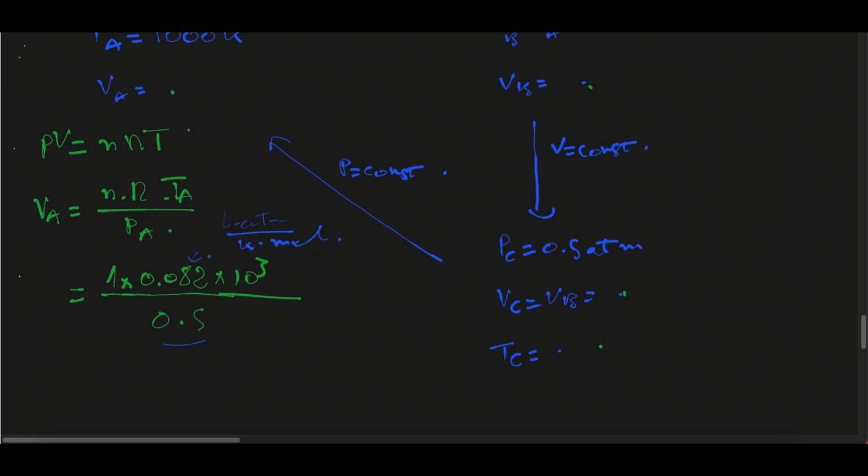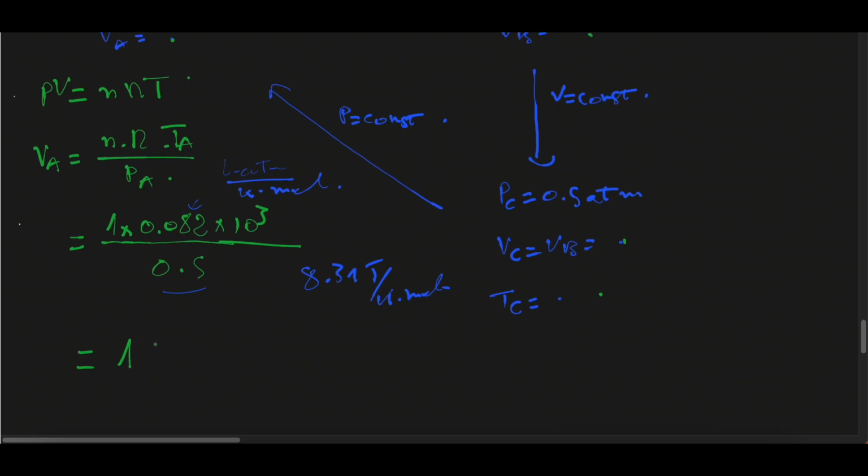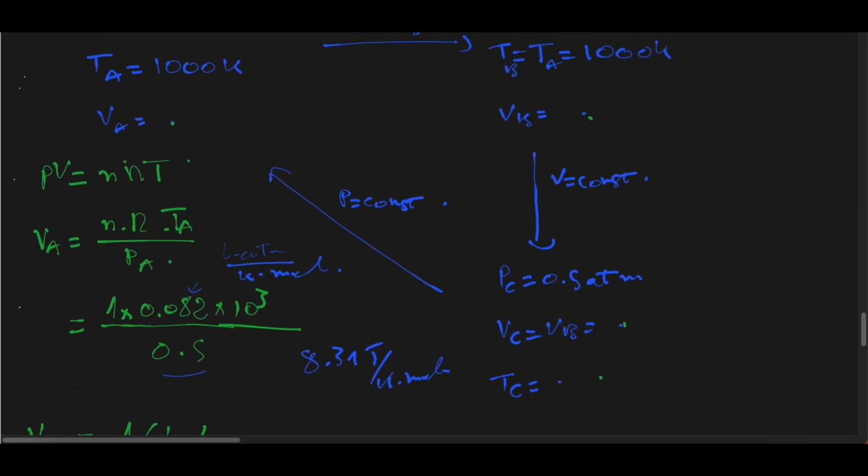When we use the other constant, which is 8.31, in joule per Kelvin per mole, we must use the pressure in Pascal. So here it's better to use this constant instead of the R that is given in joule per Kelvin per mole. And here we get a value of 164 liters. So here is the volume in state A.